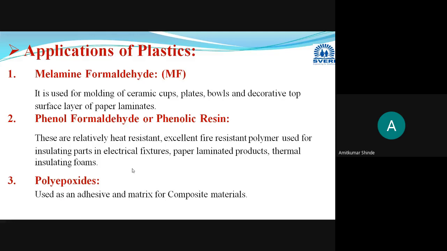To join different metals to fibers, or metals to plastics, you need an adhesive, and generally we use polyepoxides because they have excellent adhesive properties. They easily join different materials. That's why we use polyepoxides as adhesives in different composite materials. Okay? And we will move to the next slide.